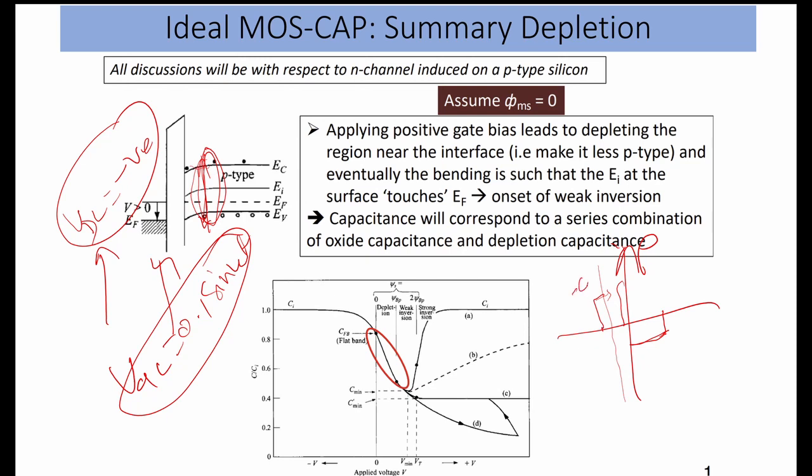This is the plus Qm, and this is the minus Qs. Qs is equal to q times Na, qNa.